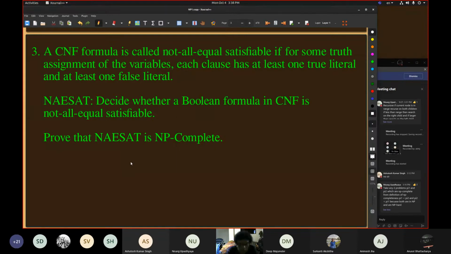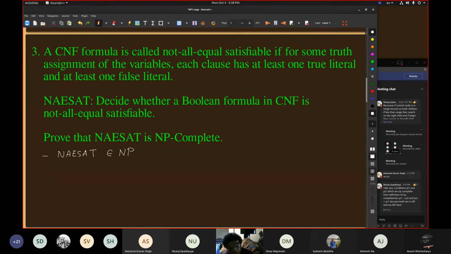Okay, good. So any suggestion? Okay, first of all, never forget this. This is in NP because again a certificate is fairly easy.